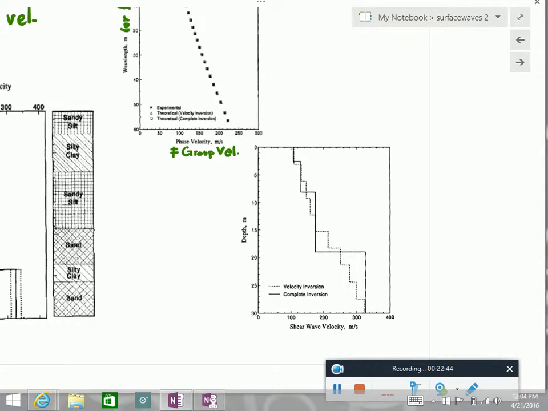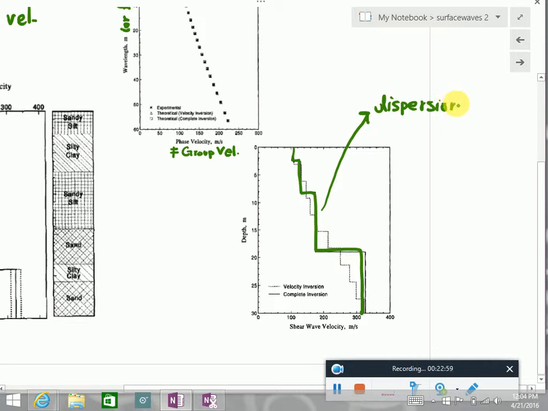When I say inversion, you start with a model of a velocity. From the model, you calculate the dispersion curve, and then you compare it with the dispersion curve you have gotten in the field.